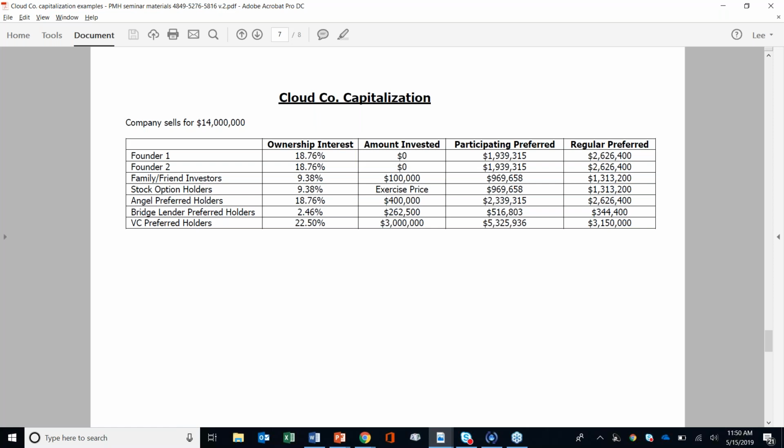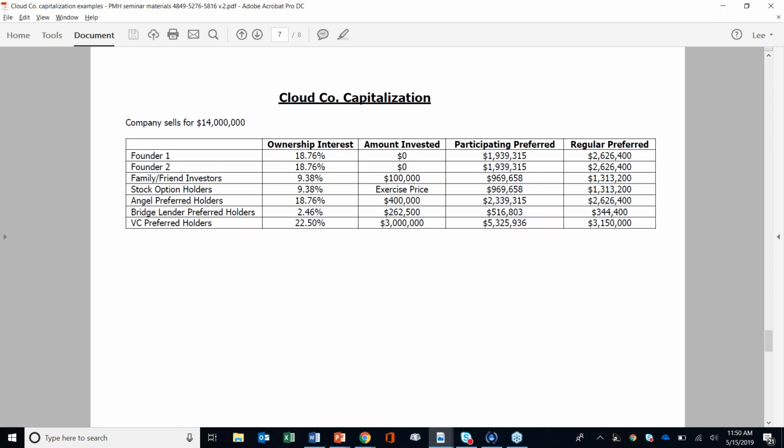So you wrote a check of $400,000 for the angel preferred holders, $262,500 to the bridge lender, and $3 million to the VC3 preferred holders. So that's off the table. You basically subtract that $3.625 million from the $14 million, and that's going to give you just a little north of 10 million left. Let's just say, for the example here, it's 10 million flat.